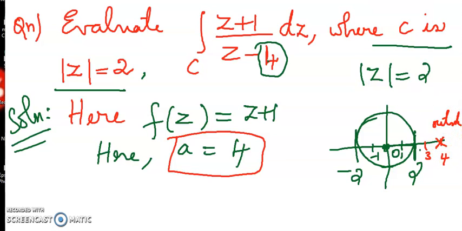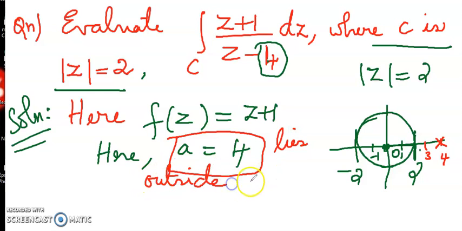So what is the answer by using Cauchy integral theorem? a is equal to 4 lies outside the curve mod z equal to 2.